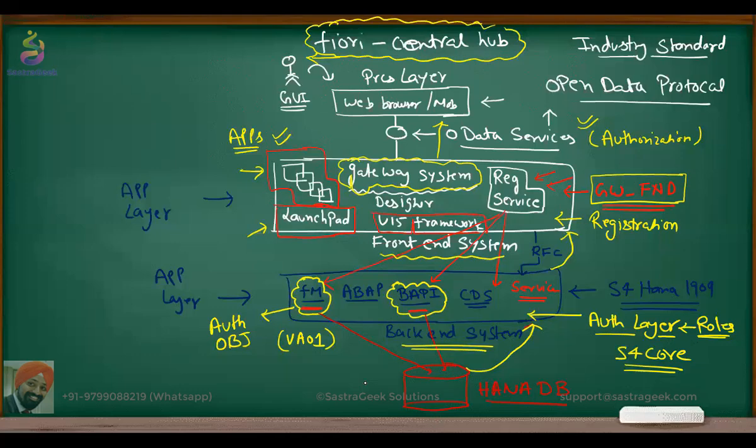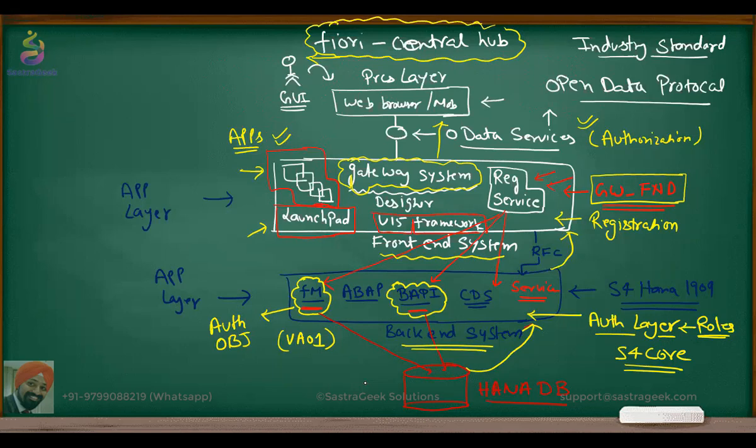And can the two layers be different boxes already? The two layers can be a different box or the same box always? So in the central hub, it's two different boxes. I will explain the embedded one. In the embedded one, it would be a single box. And both places HANA has to be implemented, right?